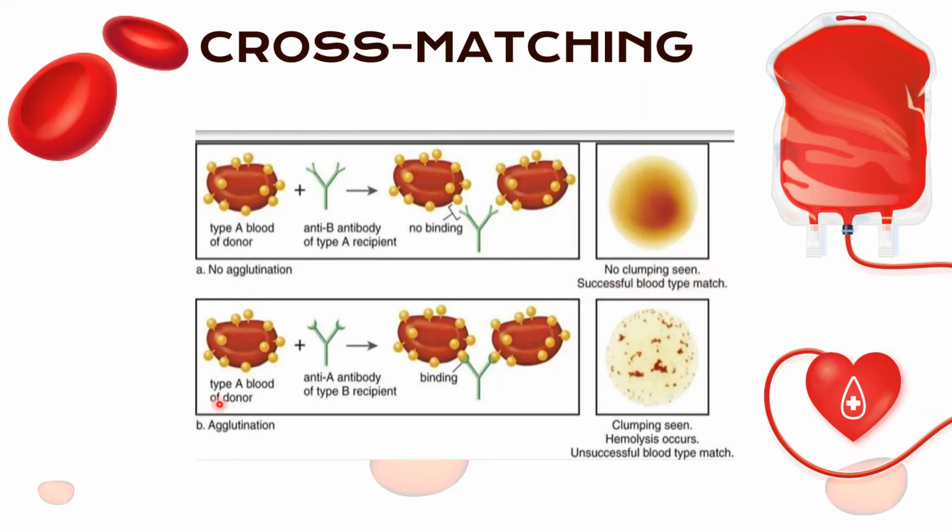But if we give a type A blood donor to the antibody of a type B recipient, then there is binding, then clumping is seen, then hemolysis occurs, then there is an unsuccessful blood type match. We do not proceed with the blood transfusion.